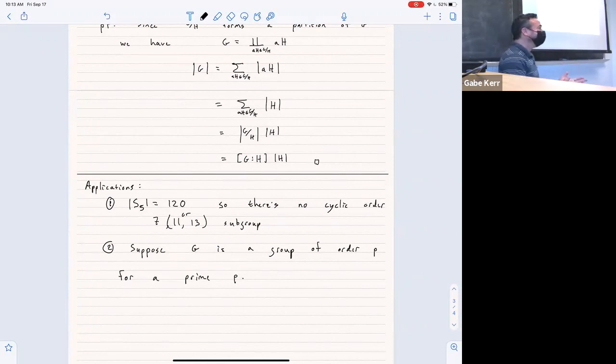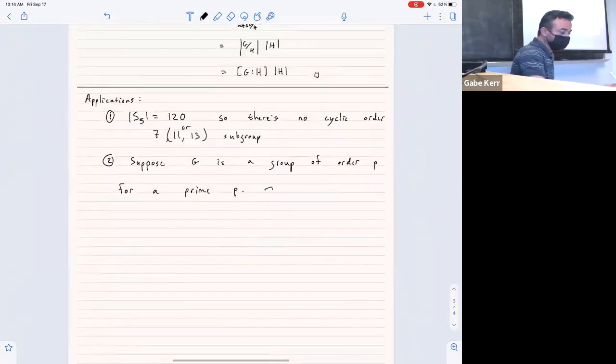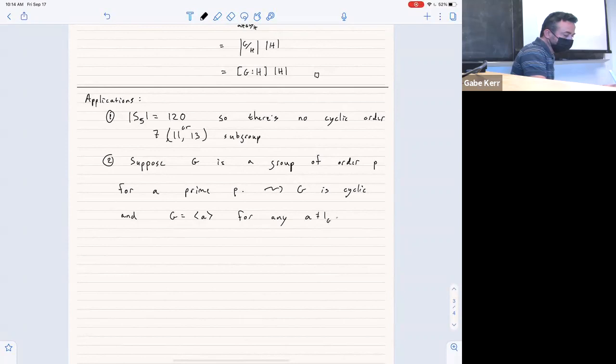Very good. So if it has prime order, it is a cyclic group. And not only that, every single element that is not the identity is a generator of that cyclic group. That's pretty cool. G is cyclic. In fact, G equals the cyclic group generated by a, for any a not equal to the identity.